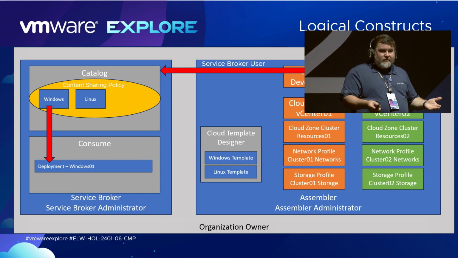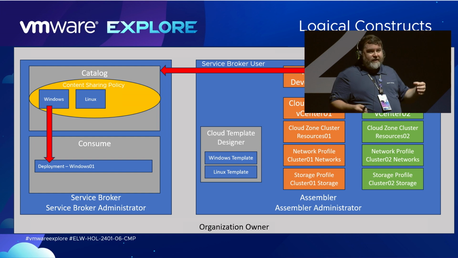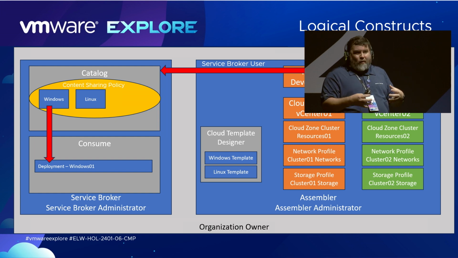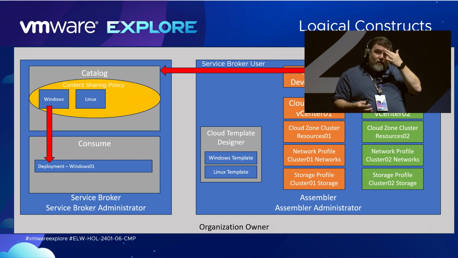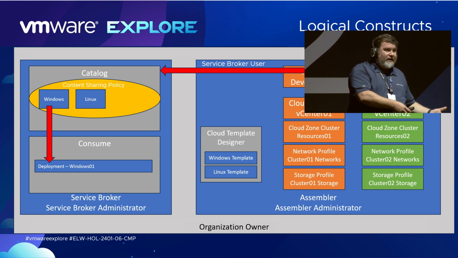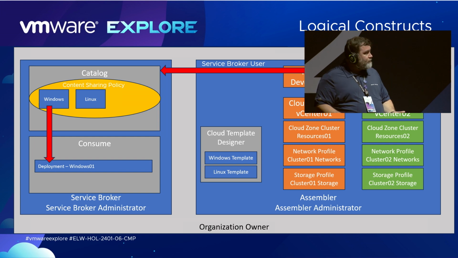So unlike our documentation in this lab, we're not giving admin rights out to everybody because that's not really realistic. But this is how you can actually restrict some of that access down to what they need, right? And again, going back to who needs to be the one clicking the button, who needs to be the one actually creating the cloud templates, what is it that they actually need to do?